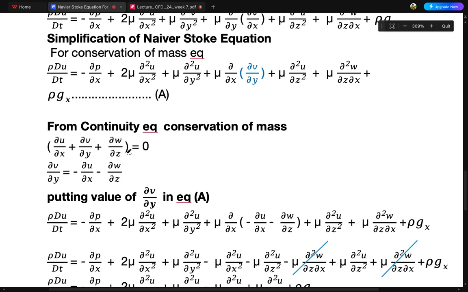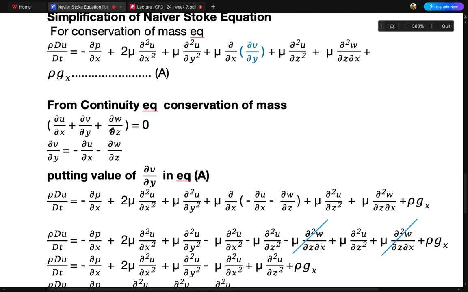From the continuity equation, the conservation of mass, we can calculate the value from here and put it here.